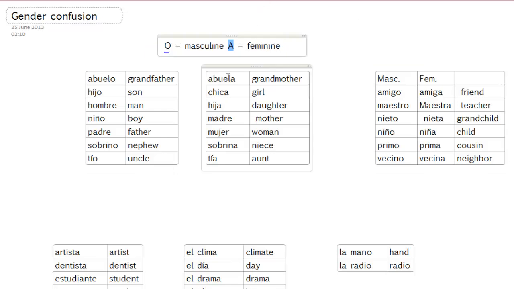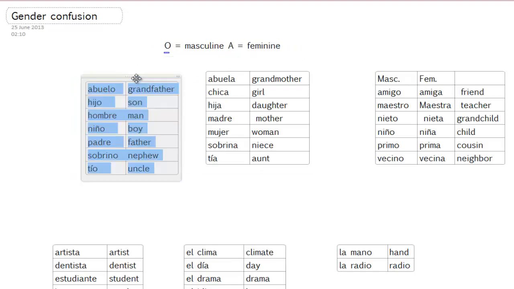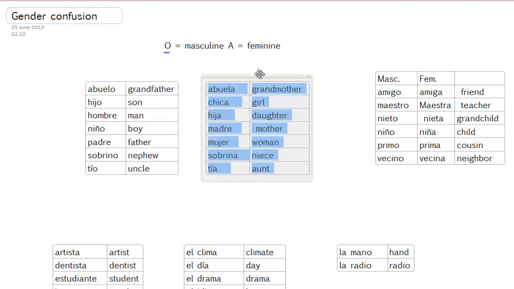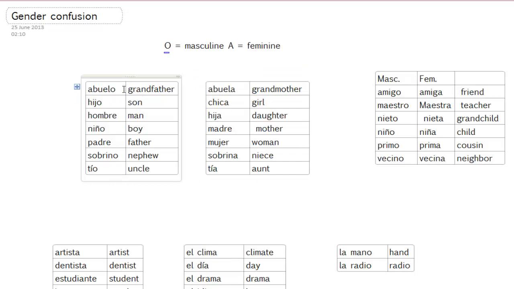Now, what happens is like this here. I'm going to look at these two things here. Generally male people are always going to be masculine, right?